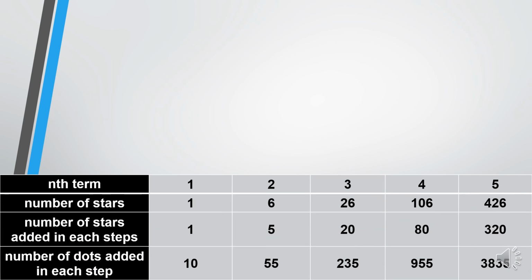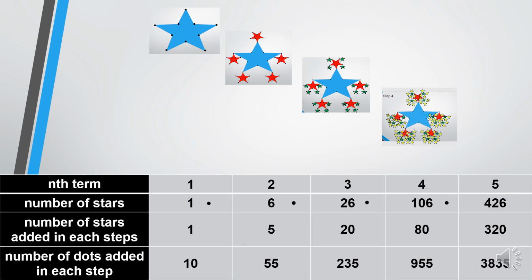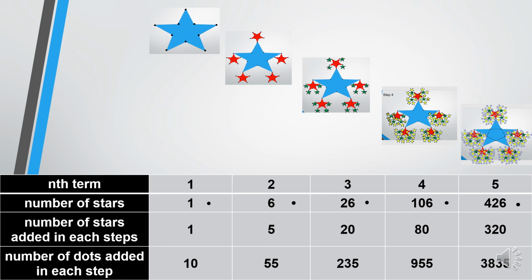Nth term. So there are 5 nth terms. Number of stars: first term is 1. Second term is 6. Third term, 26. Fourth term, 106. Fifth term, 426.